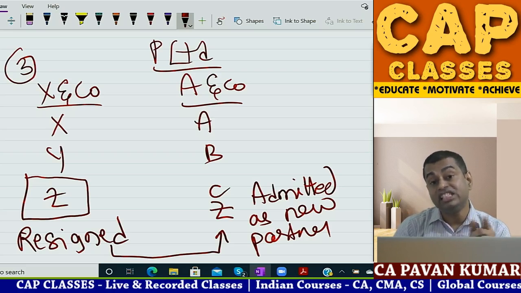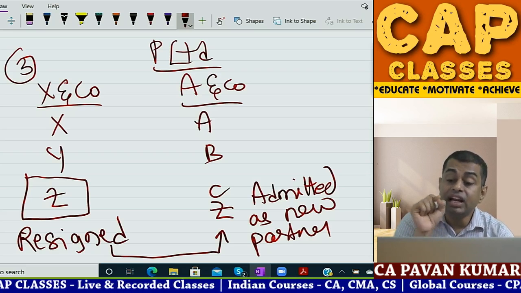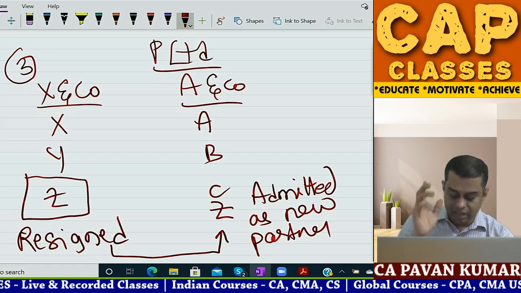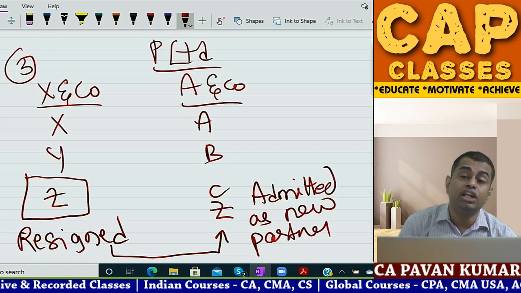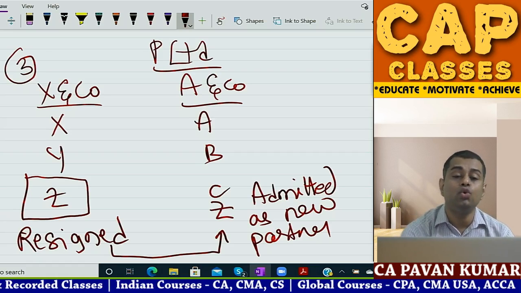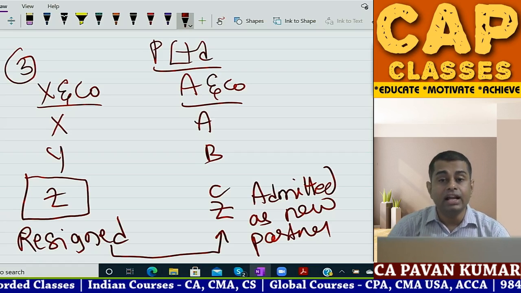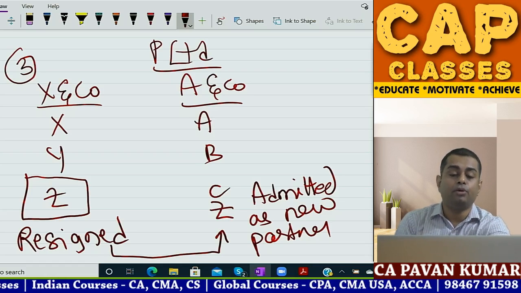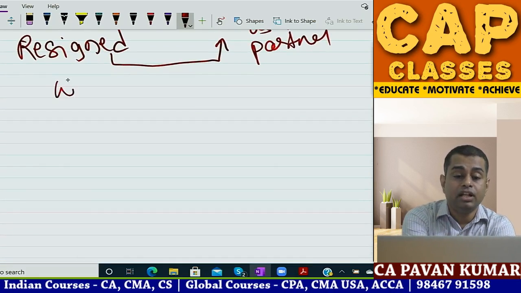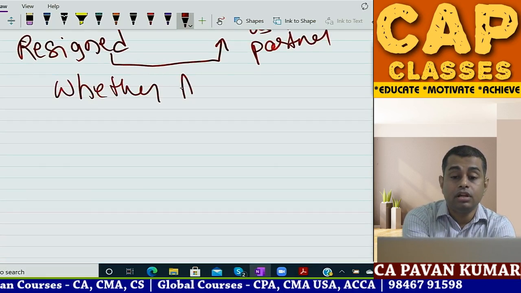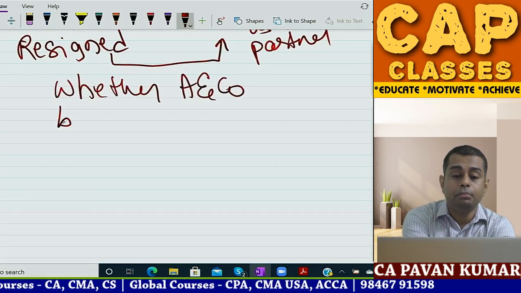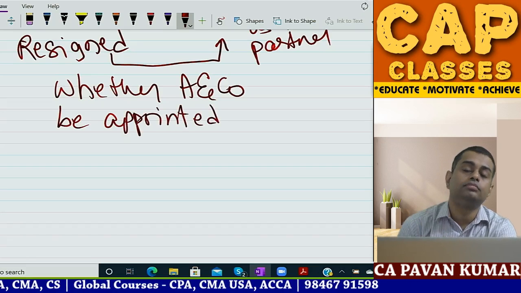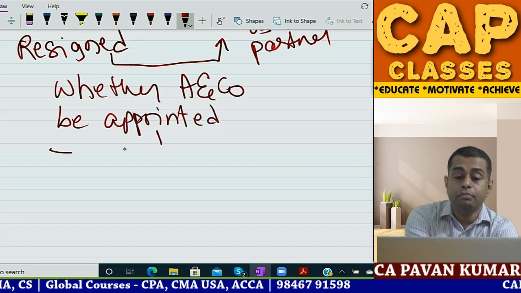This is a different situation. Now whether A and company can be appointed as auditor of P Limited because X and company's tenure is over under 139(2). In the rotation, can A and company be appointed in this situation?